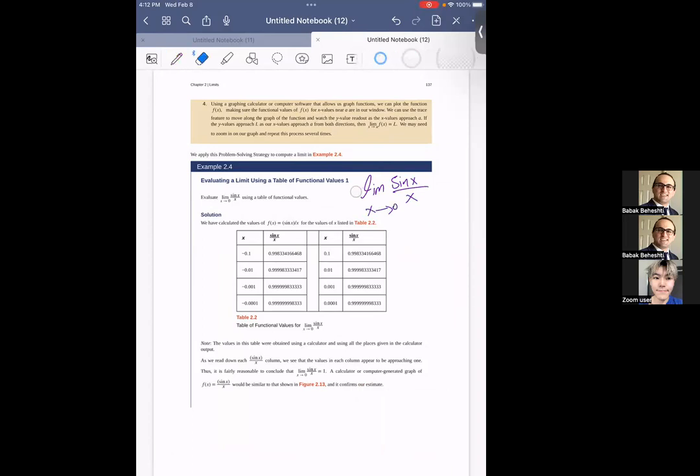Because sine of 0 is 0, this is a type of 0 over 0 limit. It's an indeterminate form. So we cannot tell the limit by just using algebra. One way is to make this table. I want you to do it now. Use your calculator.